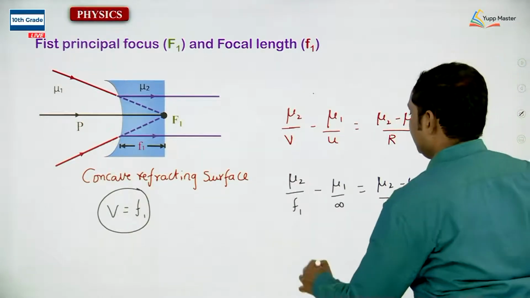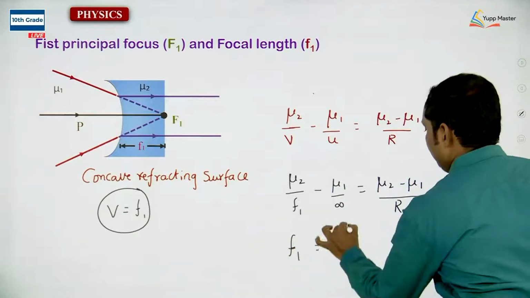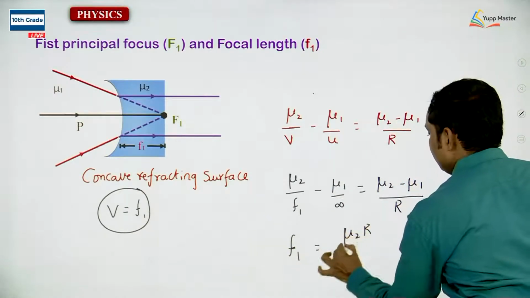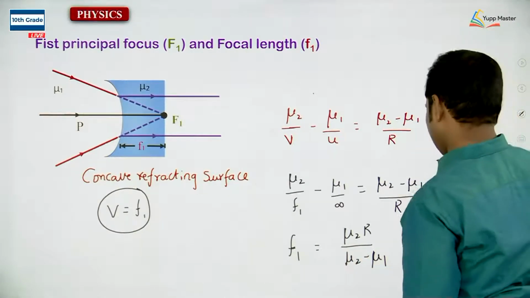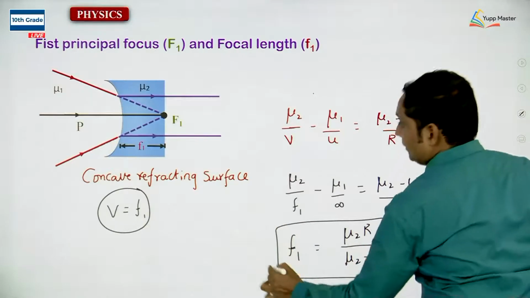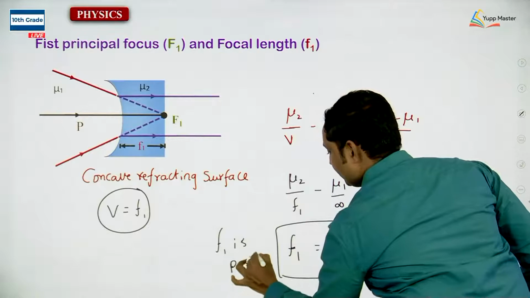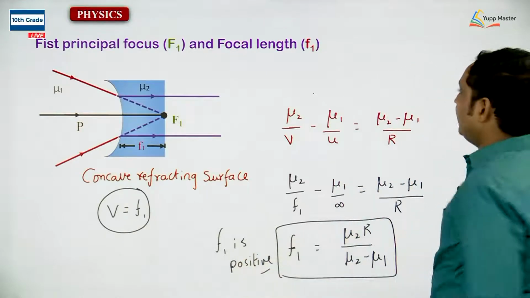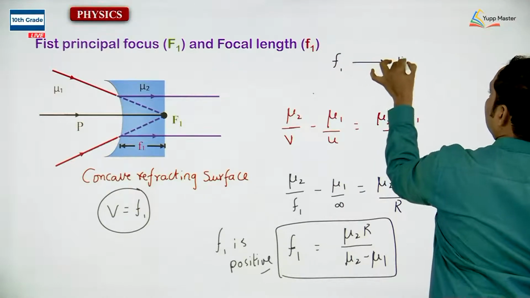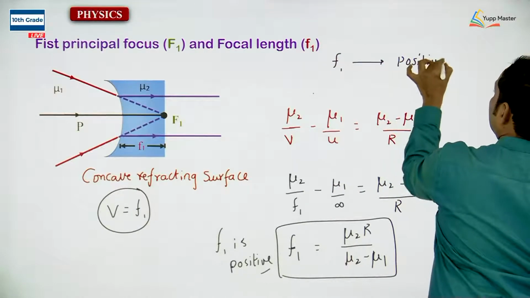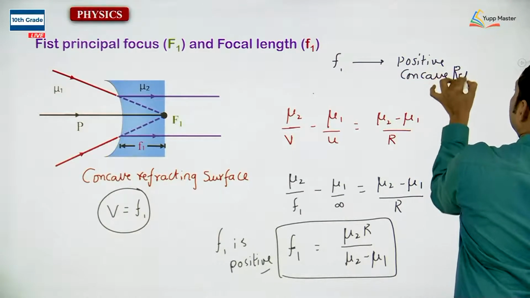If you take that, F1 is equal to mu2 R by mu2 minus mu1. So F1 is positive for concave refracting surface.